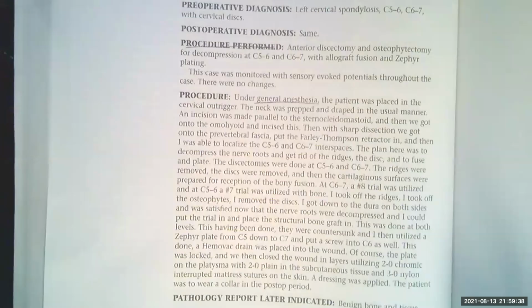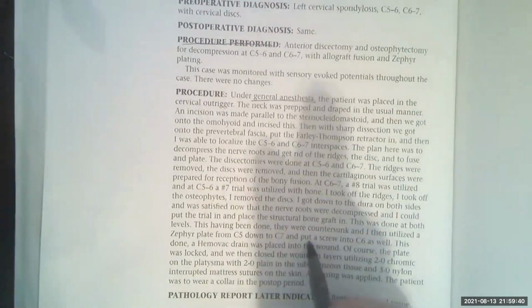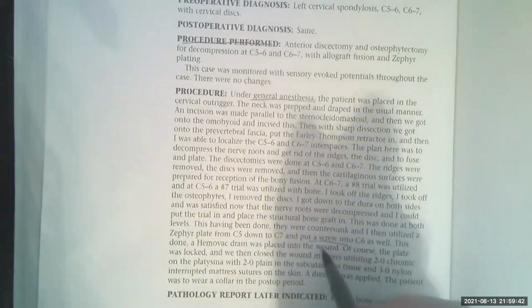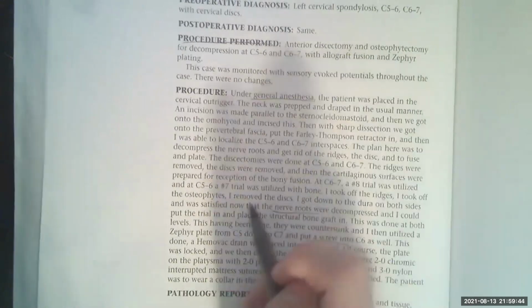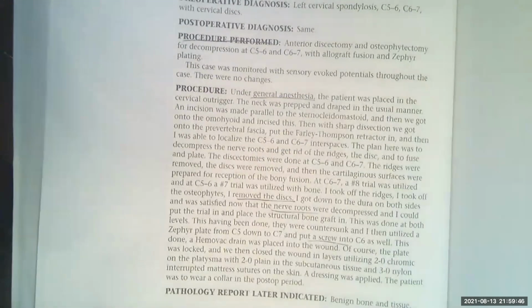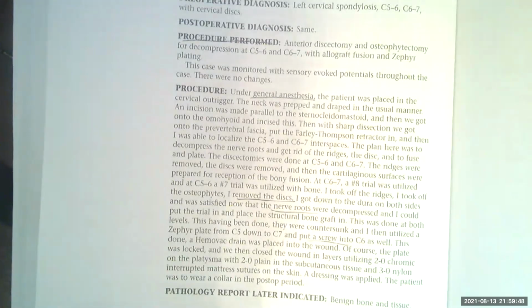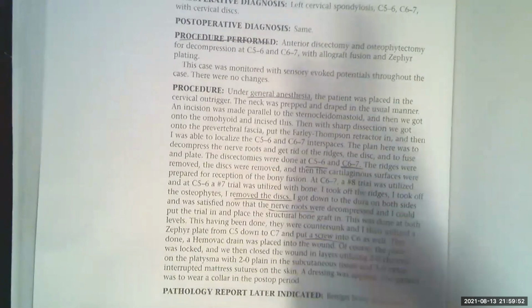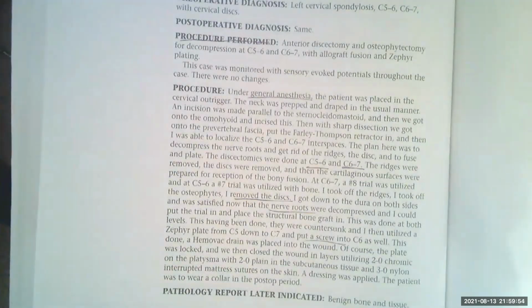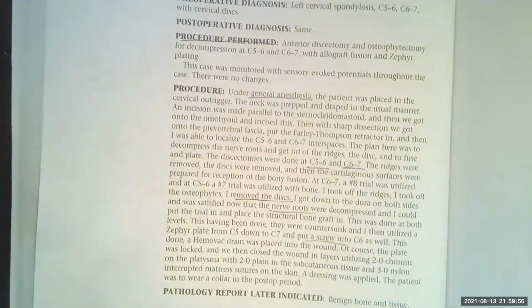And if we look through here, we can see that they did general anesthesia. We've got screws, grafts, nerve roots, removal of discs, all kinds of very complicated things going on here. We can also look up these parts of the spine and find out that's the cervical spine.